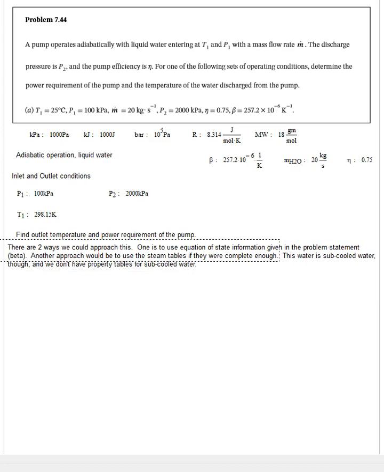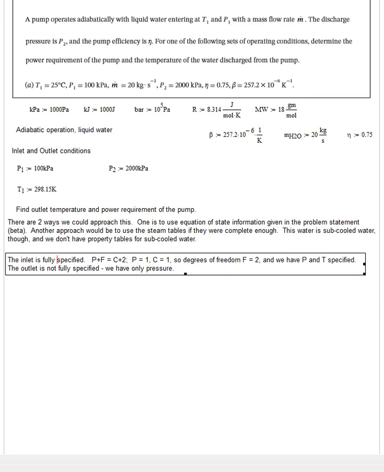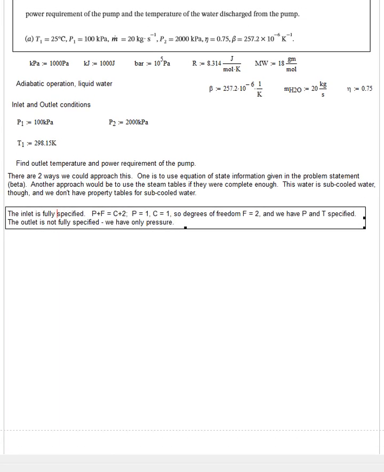Another thing to realize as you're doing problems like this is that the inlet conditions are fully specified. Remember, we haven't really used this a lot, but you'll use it a lot more in your second semester of thermo. If we look at the degrees of freedom for the inlet and outlet, we've got one phase, liquid water, and one component, liquid water.